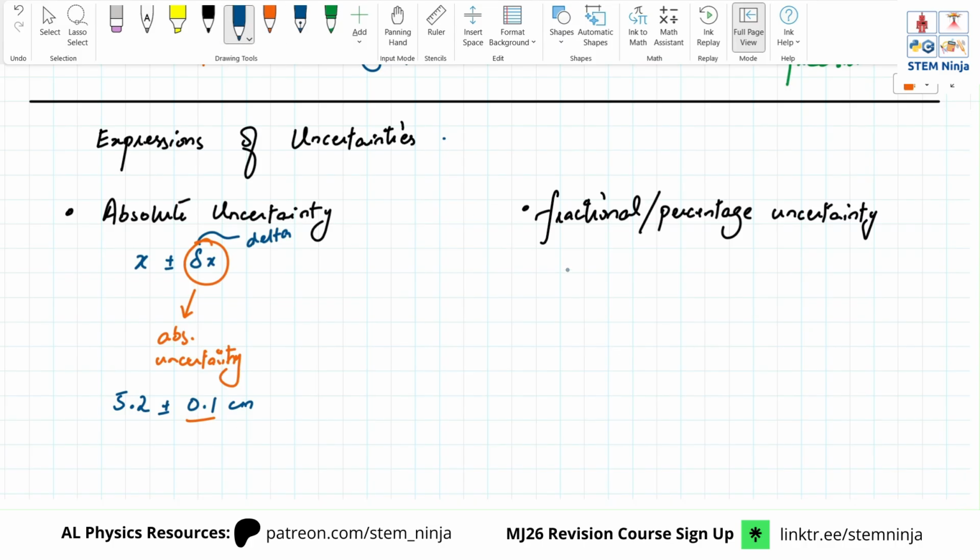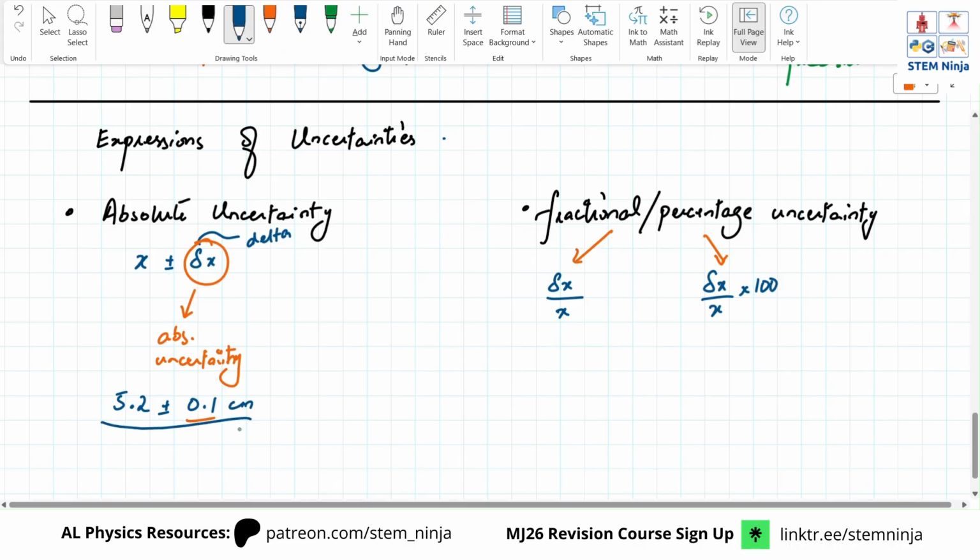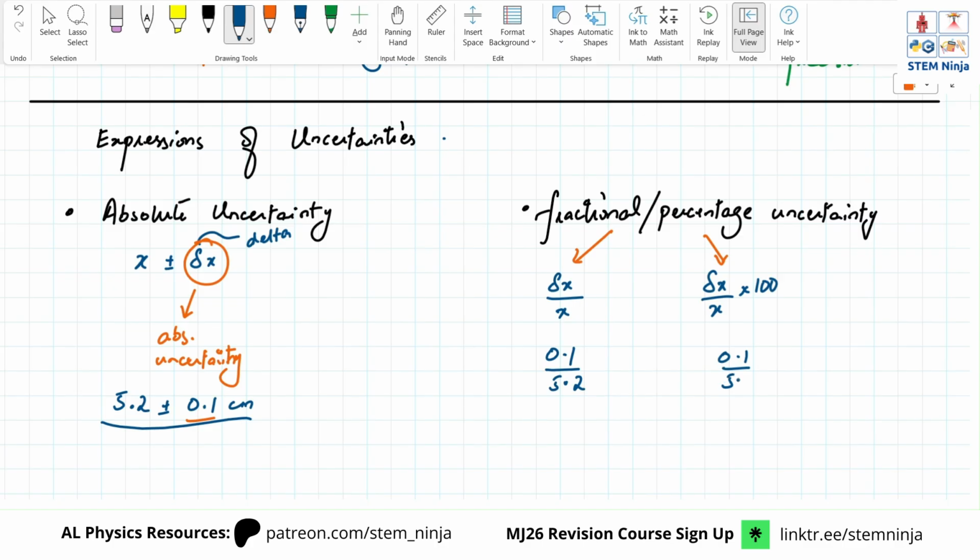Similarly, in fractional form, we can express it the same way using the same variables that we have introduced. This would be fractional, and if you multiply this by 100, this would be percentage. So if we express the same number this way, this would be 0.1 over 5.2, and this would be 0.1 over 5.2 times 100%.